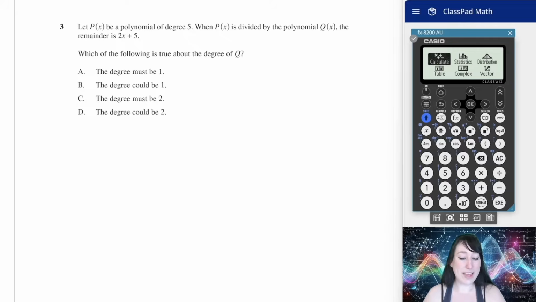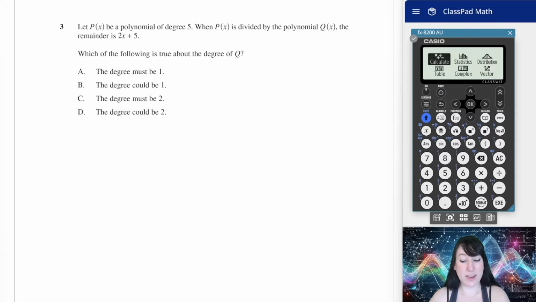Question 3. Let p of x be a polynomial of degree 5. When p of x is divided by the polynomial q of x, the remainder is 2x plus 5. Which of the following is true about the degree of q? So, when a polynomial is divided and we have a remainder, the remainder cannot be of equal or higher degree to the divisor.